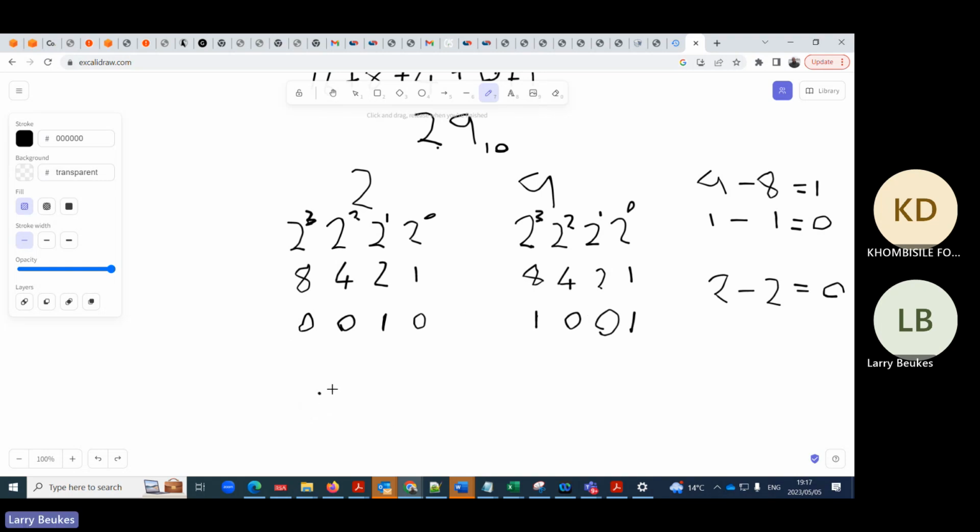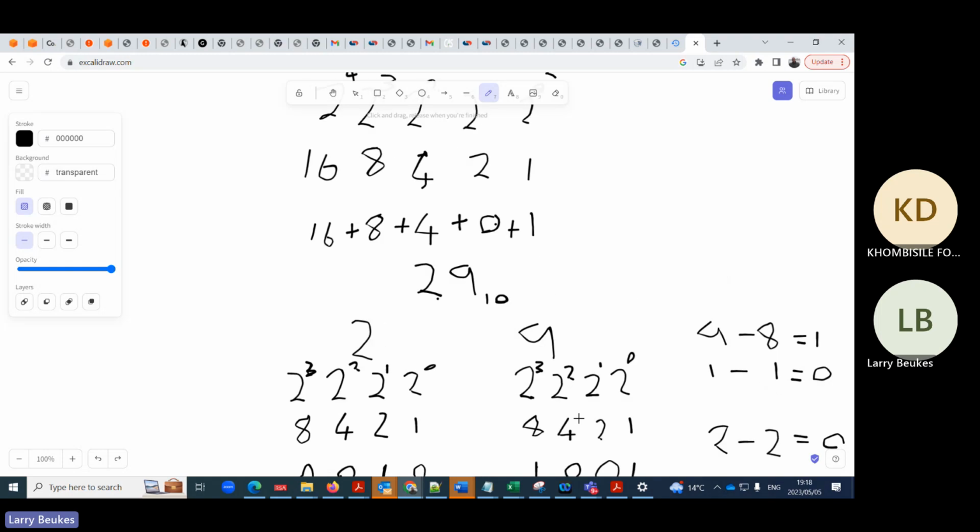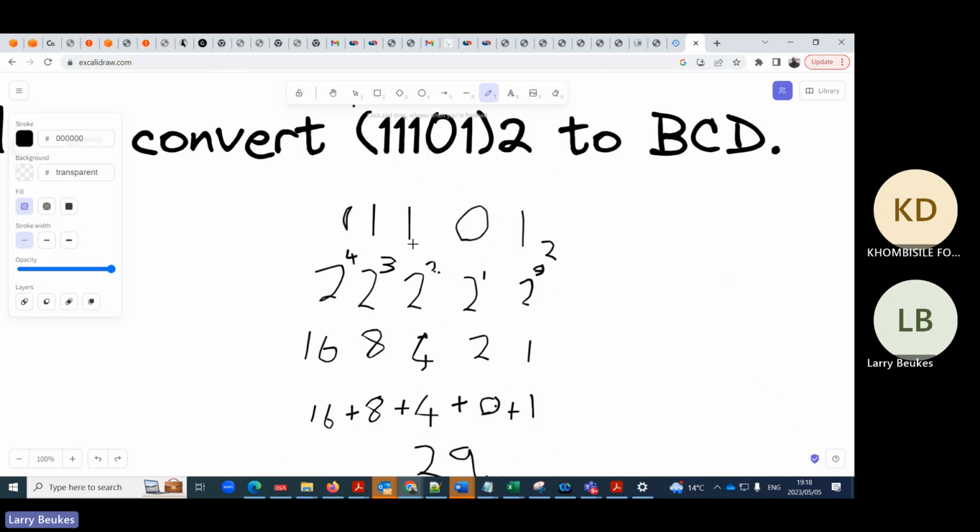In BCD, sorry: 0, 0, 1, 0, 1, 0, 0, 1. This is the answer in BCD. So this was in binary.